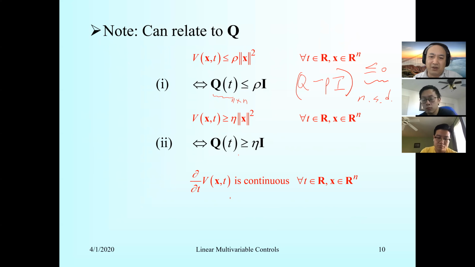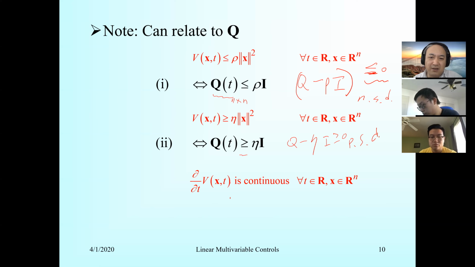Same thing we should understand. This Q minus eta I, this matrix is positive semi-definite. The reason we have semi is that we have an equal sign here. If it's strictly less than, then it's called negative definite or positive definite.